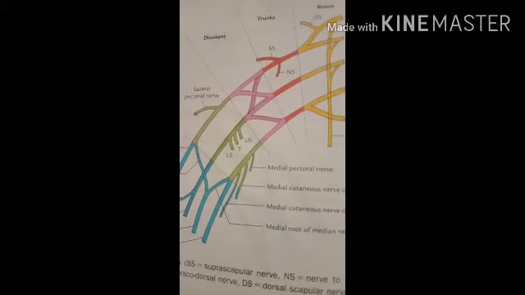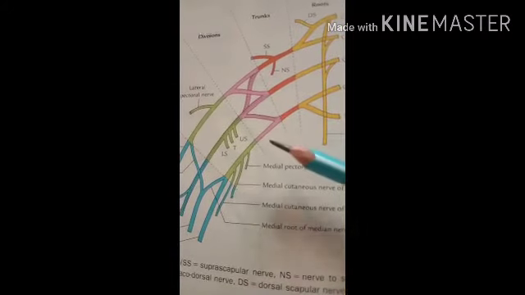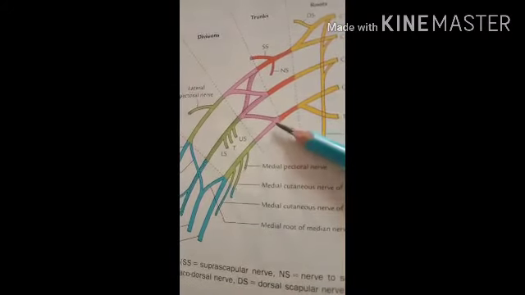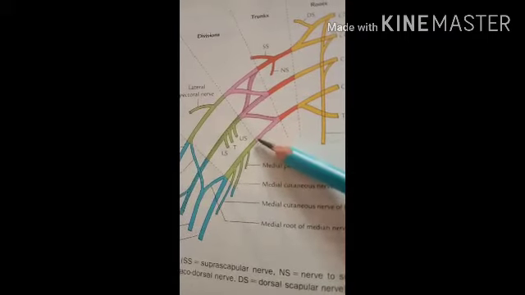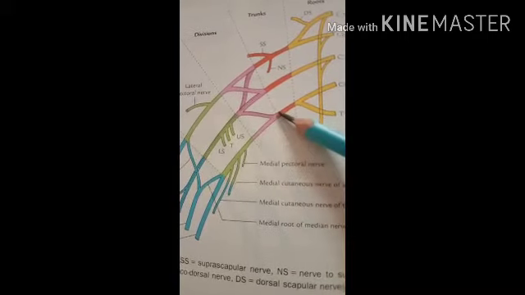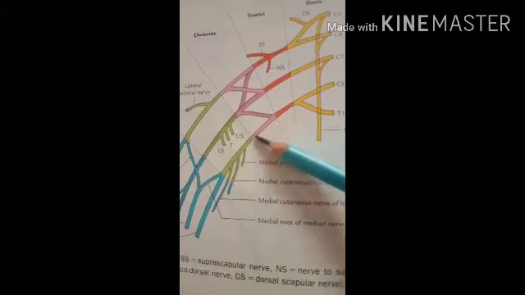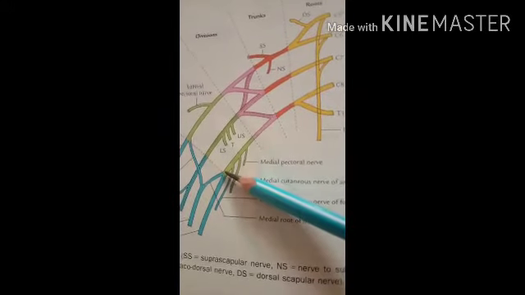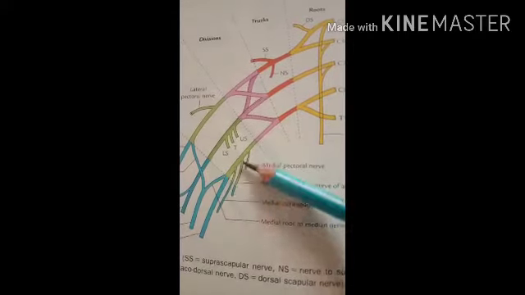Then the medial cord is formed by the ventral division of the lower trunk. Here the lower trunk is orange and the ventral division is pink, and it continues as the medial cord.